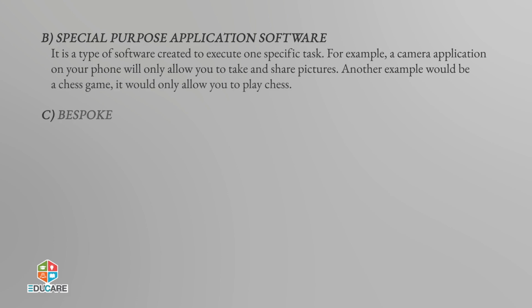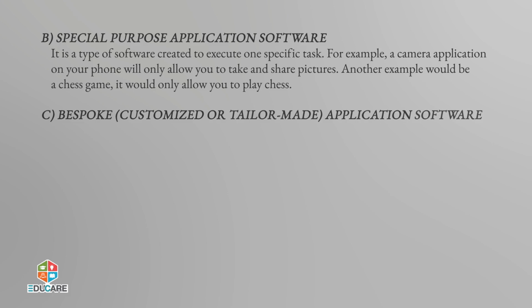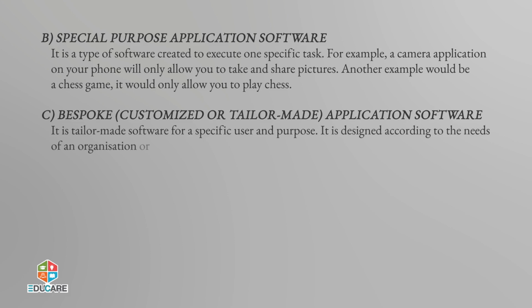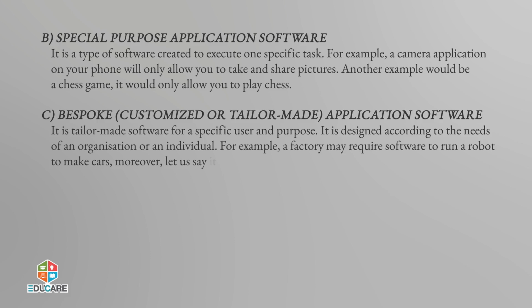Bespoke, customized, or tailor-made application software. It is tailor-made software for a specific user and purpose. It is designed according to the needs of an organization or an individual. For example, a factory may require software to run a robot to make cars. Moreover, let us say it is the only factory making that car in the world.